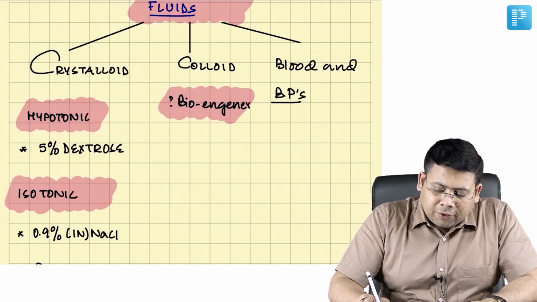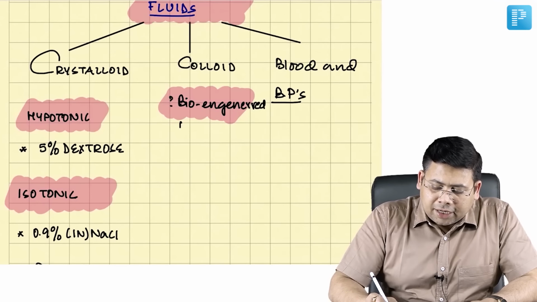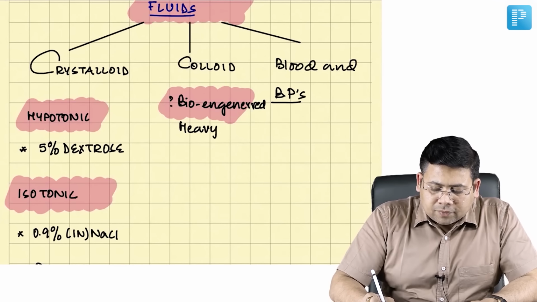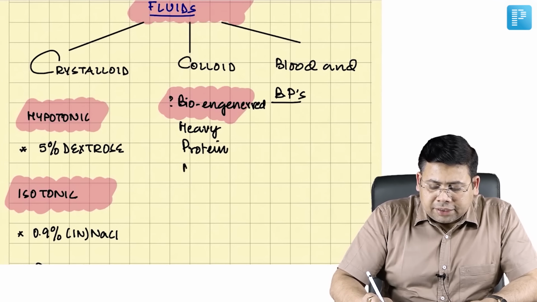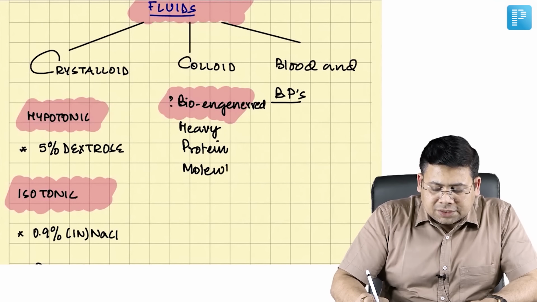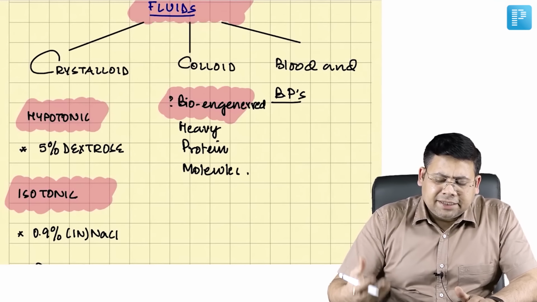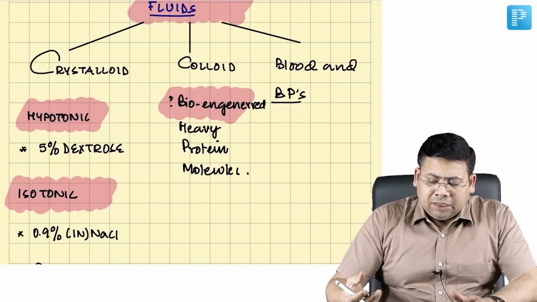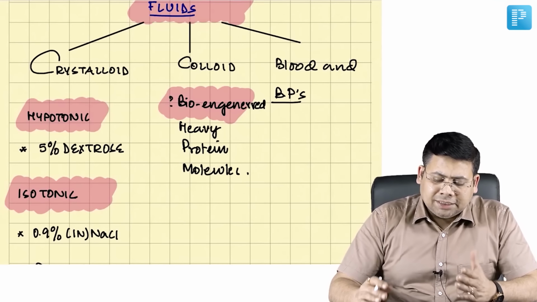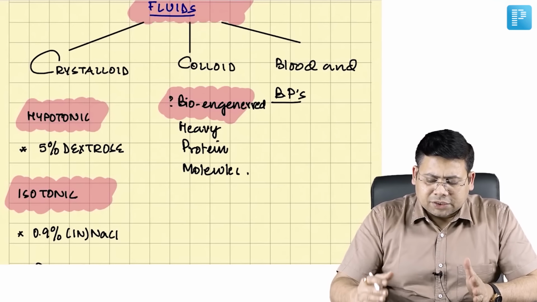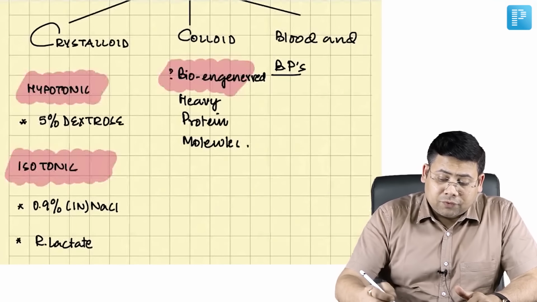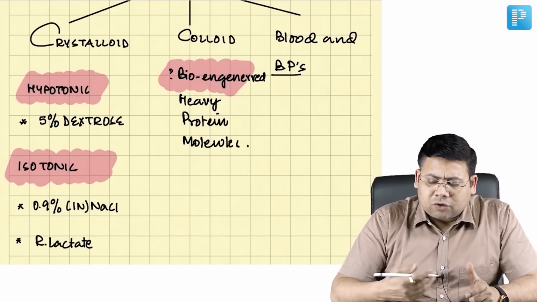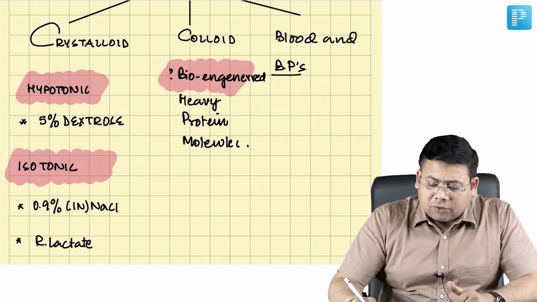We'll discuss in detail their mechanism of action and how they work. But for this chart, let us remember this only. Within 2 minutes, we'll discuss the concept of colloid and how they work, because this always creates a lot of confusion.